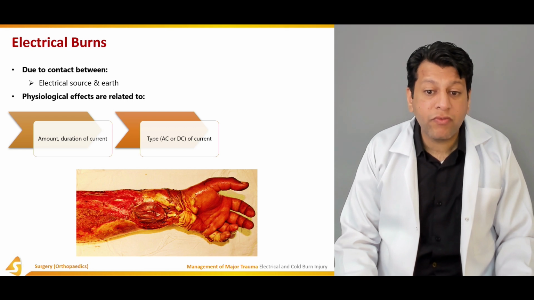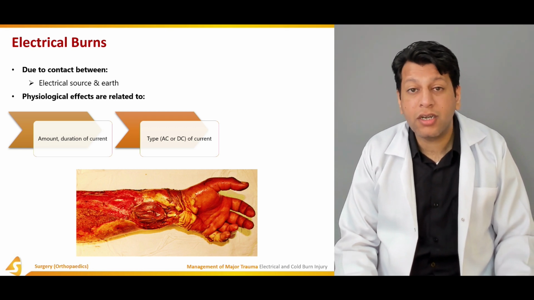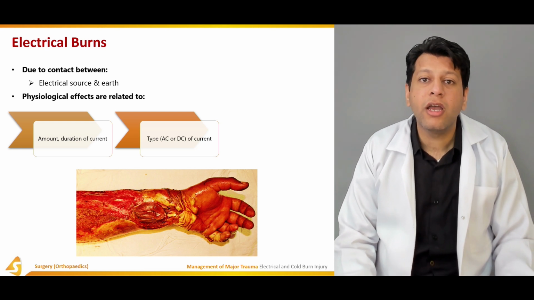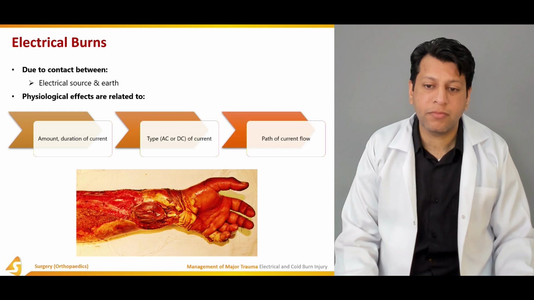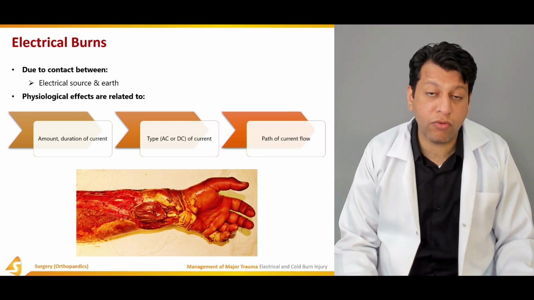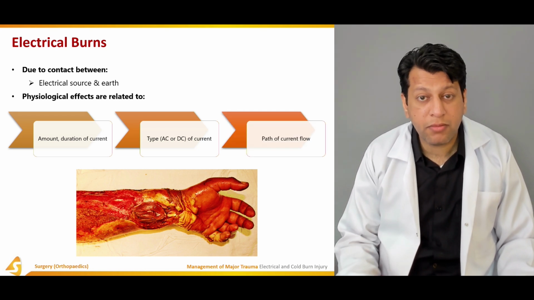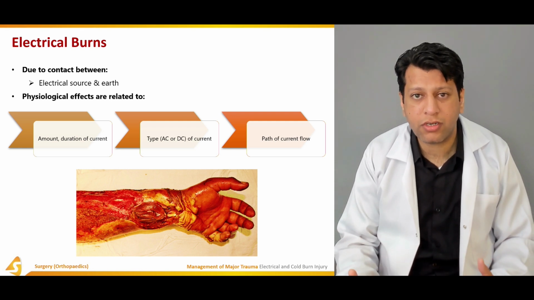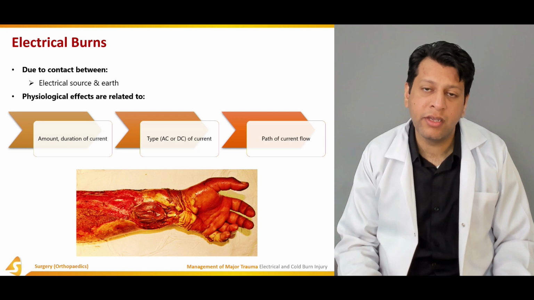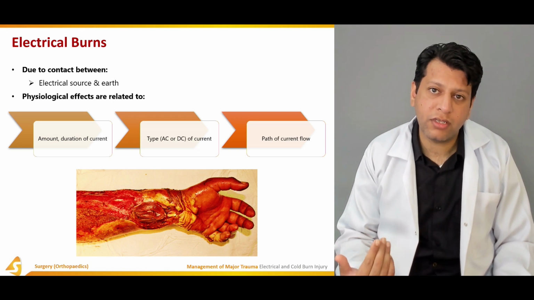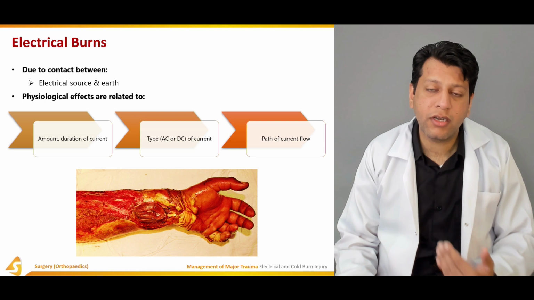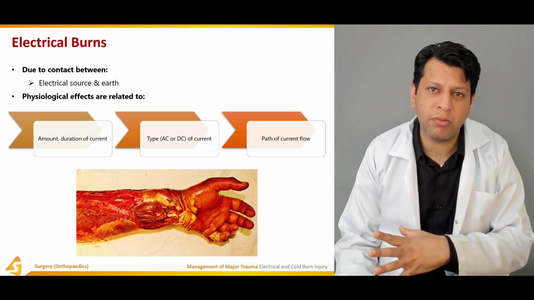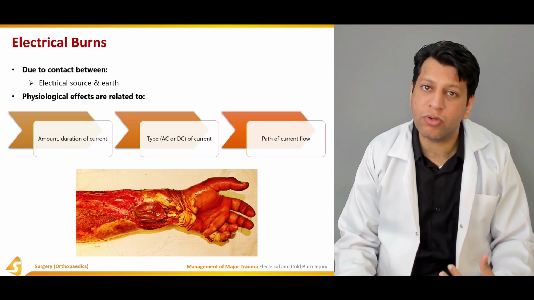It could also depend on the type of current, which is alternating current or direct current. Direct current is usually a low voltage. Alternating current has higher voltage, so it's more damaging. Then there is the path of the current flow. If, for example, the patient caught a high tension wire with his right hand and the current exited through the axilla of the right side, that would mean only the right arm would be damaged, and the heart and other areas won't be damaged.